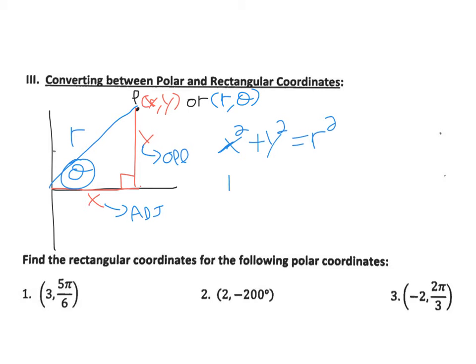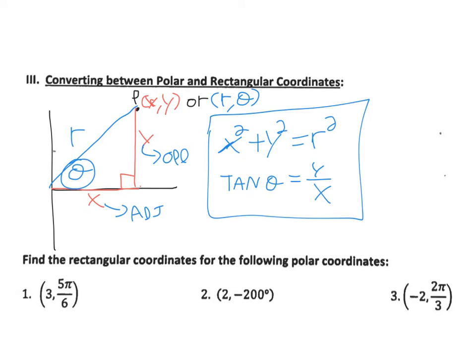So tangent of theta is always going to equal y over x, which is kind of what we did before in the unit circle. So these are the other two forms. This will enable us to go from a rectangular coordinate and get r and theta and make it a polar coordinate. I'm going to use these to do the next page, labeled 4, 5, and 6.